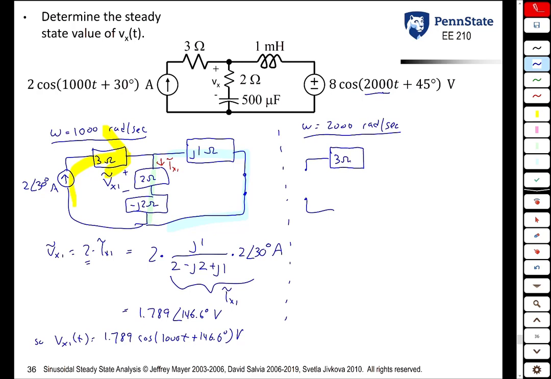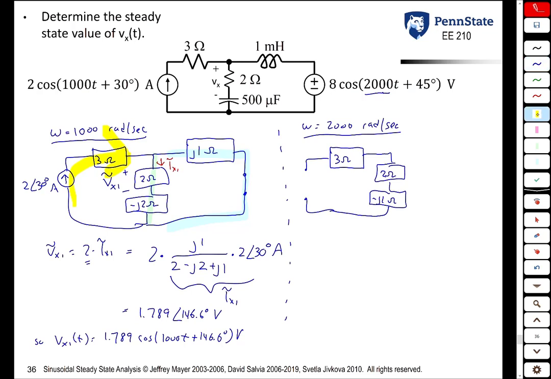This leftmost resistor is frequency independent. This 2 ohm resistor is frequency independent. The capacitor now is minus j over omega C, but now omega is 2000 radians per second, so now we get minus j1 ohm.